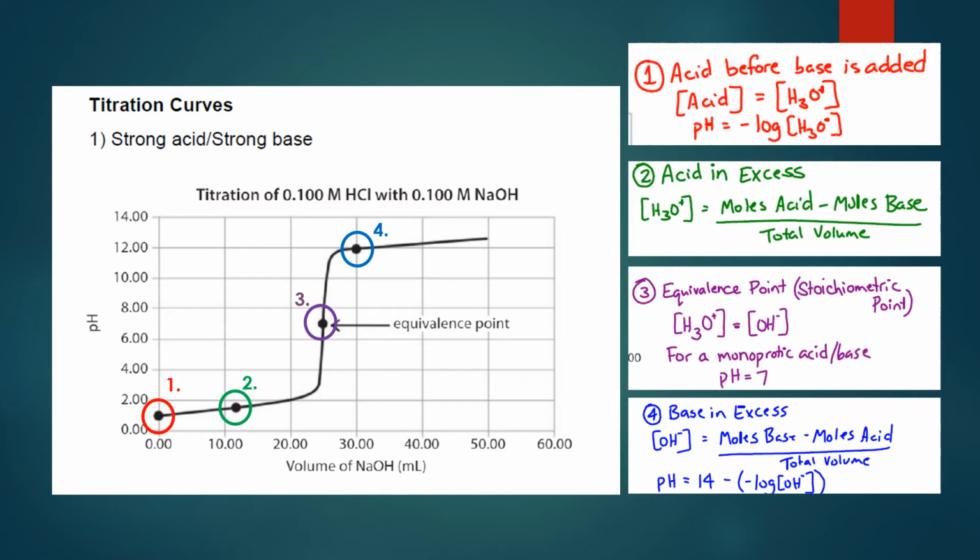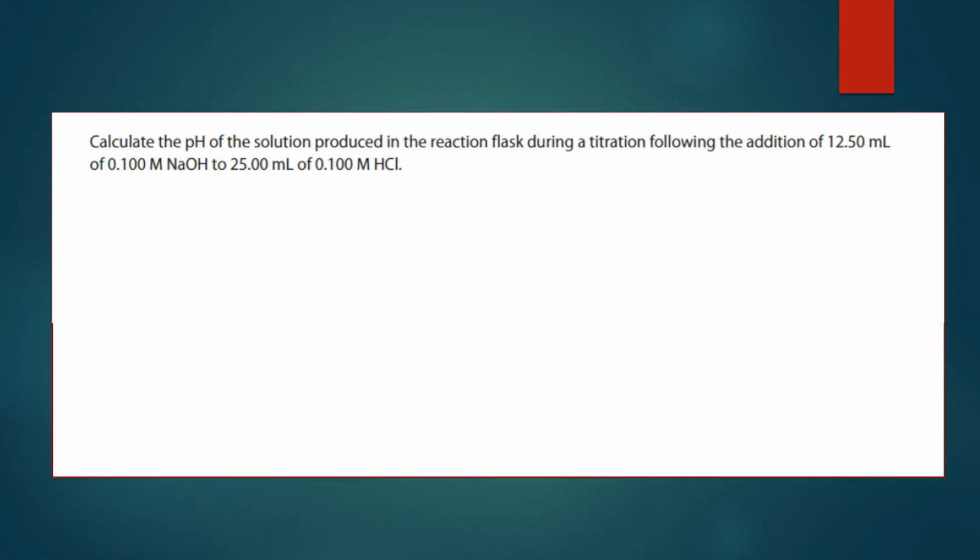So there are some standard calculations that you can do with a titration curve with a strong acid, strong base. Here's an example of a problem with our strong acid, strong base. Calculate the pH of a solution produced in the reaction flask during a titration following the addition of 12.5 mL of 0.1 molar sodium hydroxide to 25 mL of 0.1 molar hydrochloric acid.